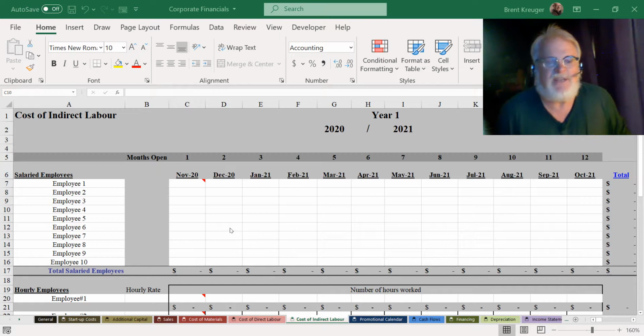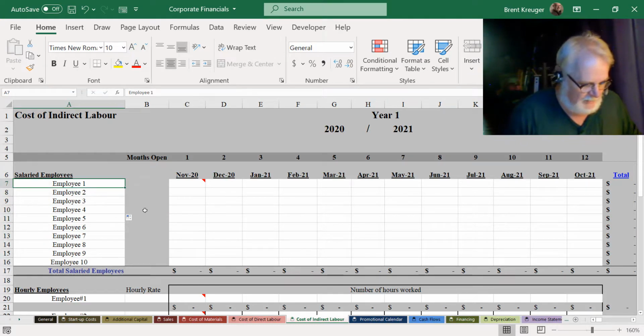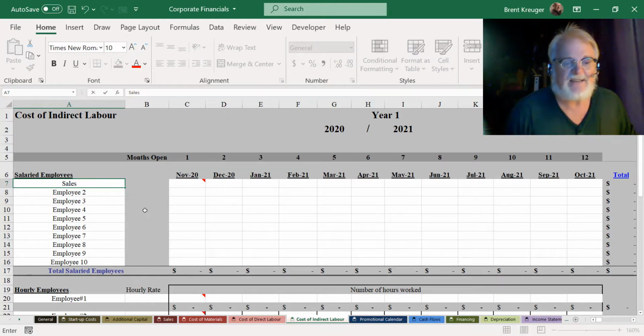So you can see here that we've got 2 different ways that we can pay labor. One is basically a salary. This is certainly the easiest way to do things. You can have employee number 1. If you want, you can put it as titles.